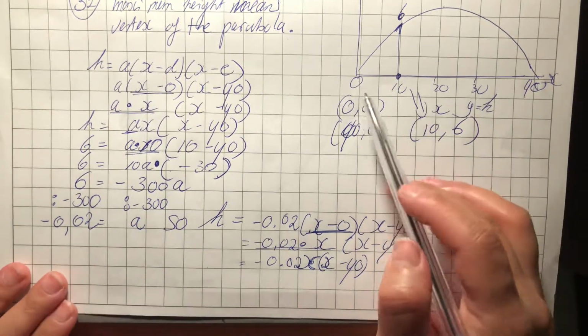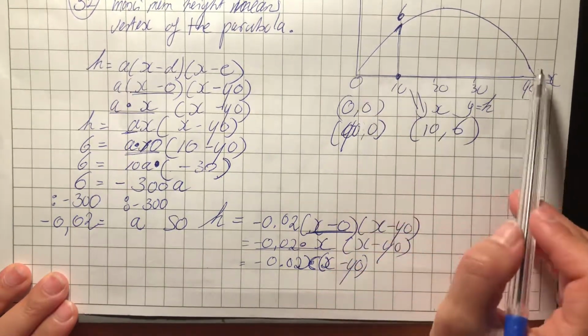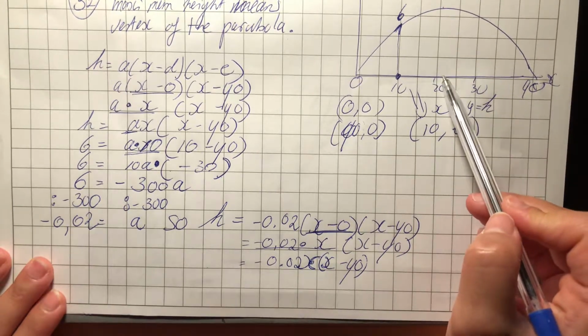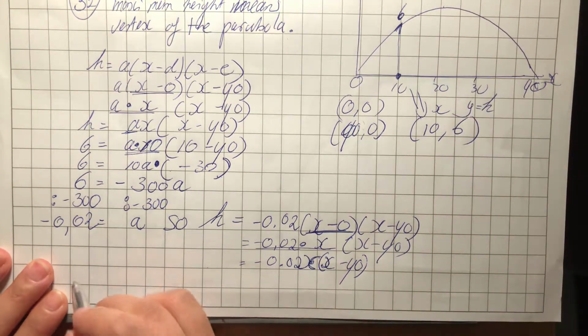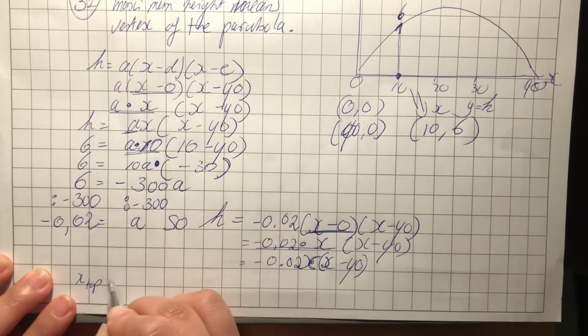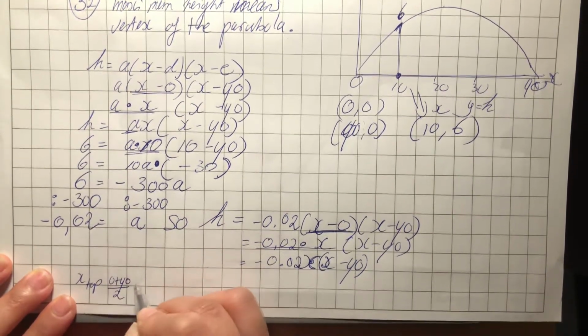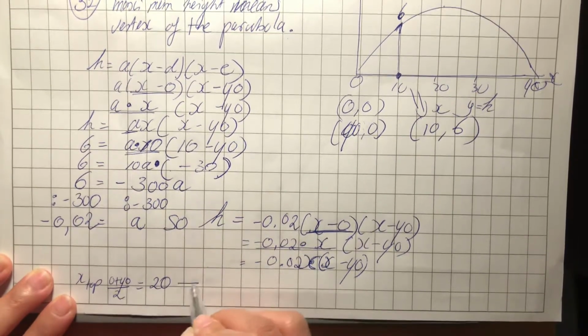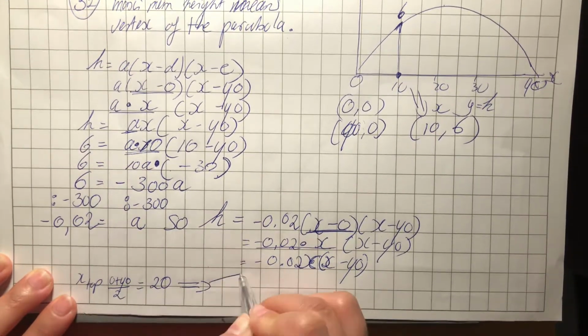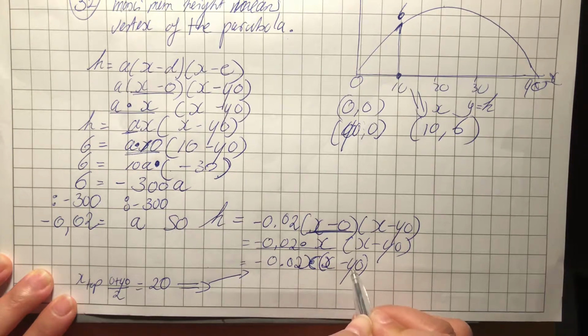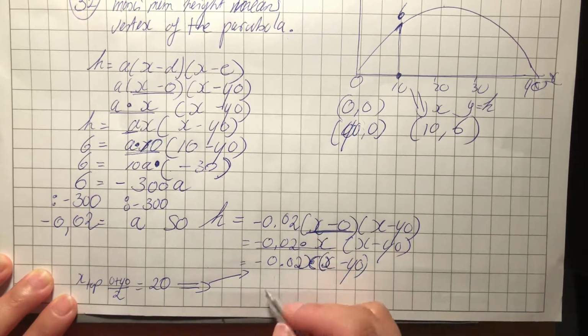Now, how can we find the x top? Remember, these are the x-intercepts, so the top is indeed exactly in the middle. So the x top coordinate is super easy to calculate. You get 0 plus 40 divided by 2, right? So you get 20. You fill that 20 into this formula that you created. That's why we needed it so badly.